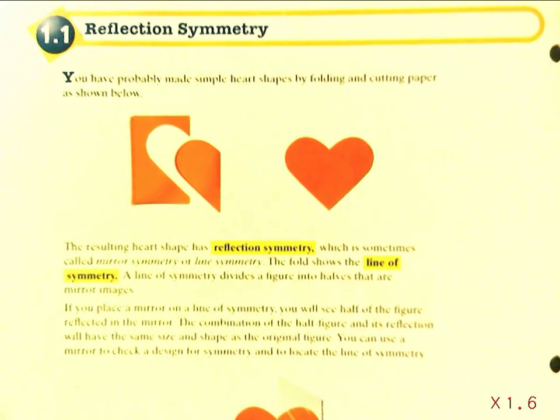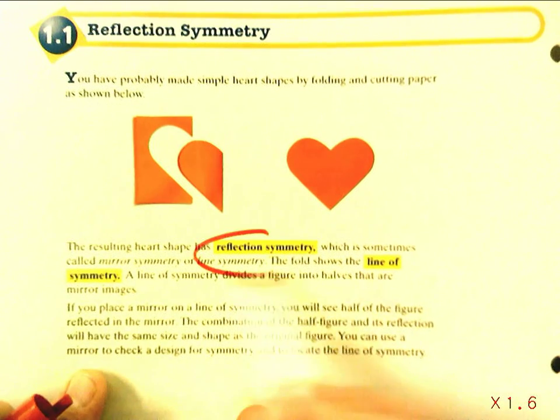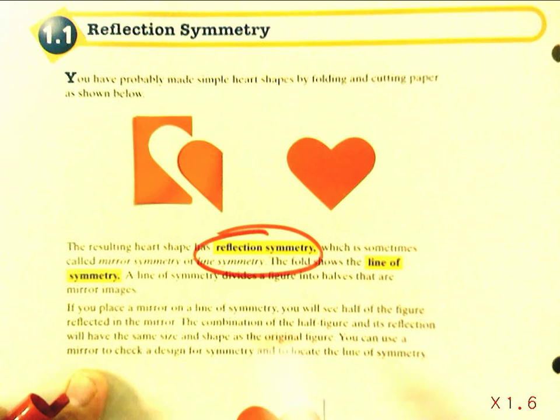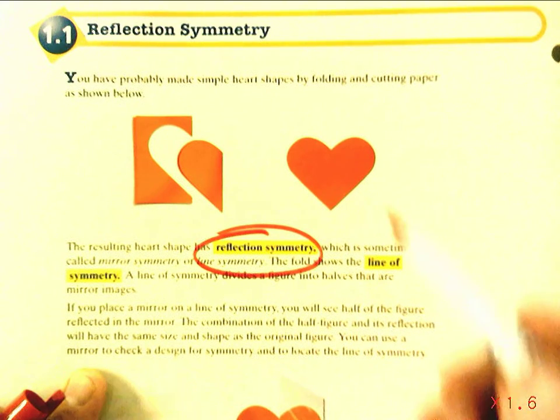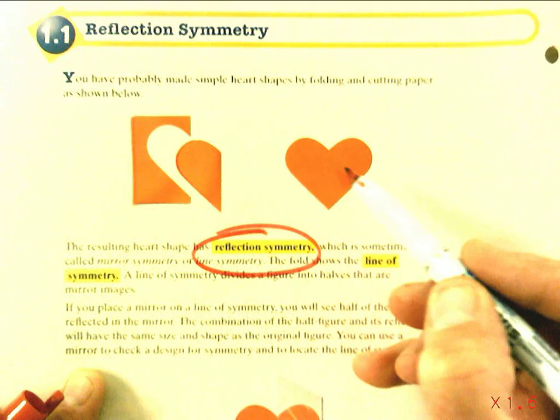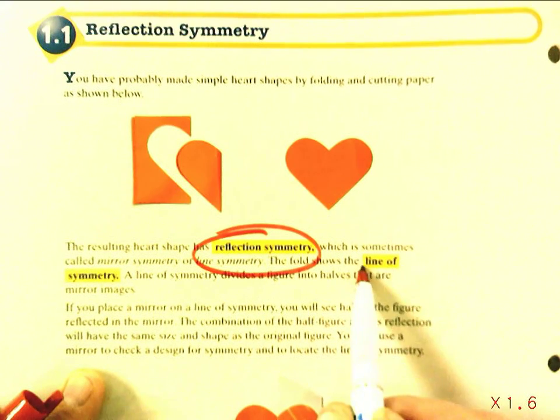So reflection symmetry is just like it sounds. It's reflection, and there's a line of symmetry, sometimes one, sometimes more than one, and you see one half perfectly reflected over onto the other half, and that is what we call the line of symmetry.